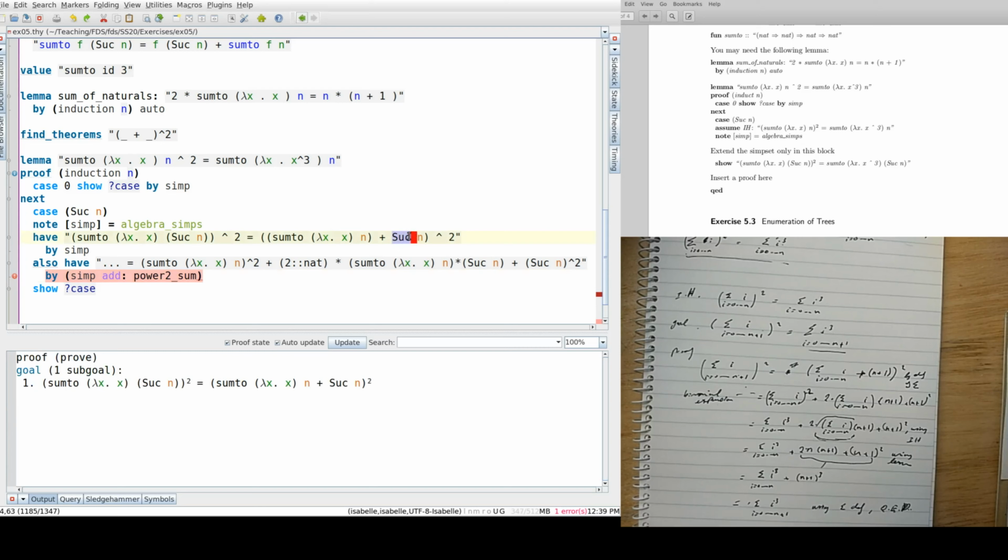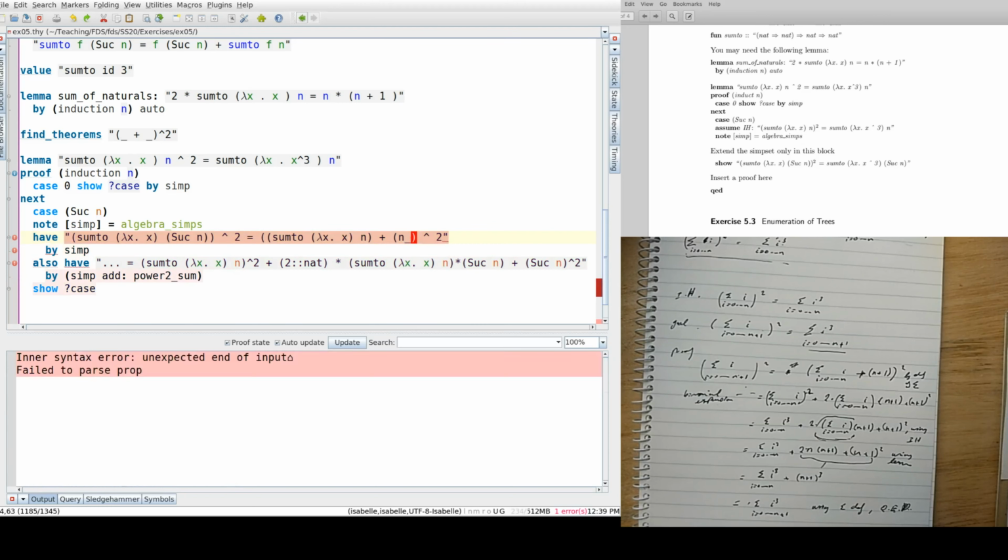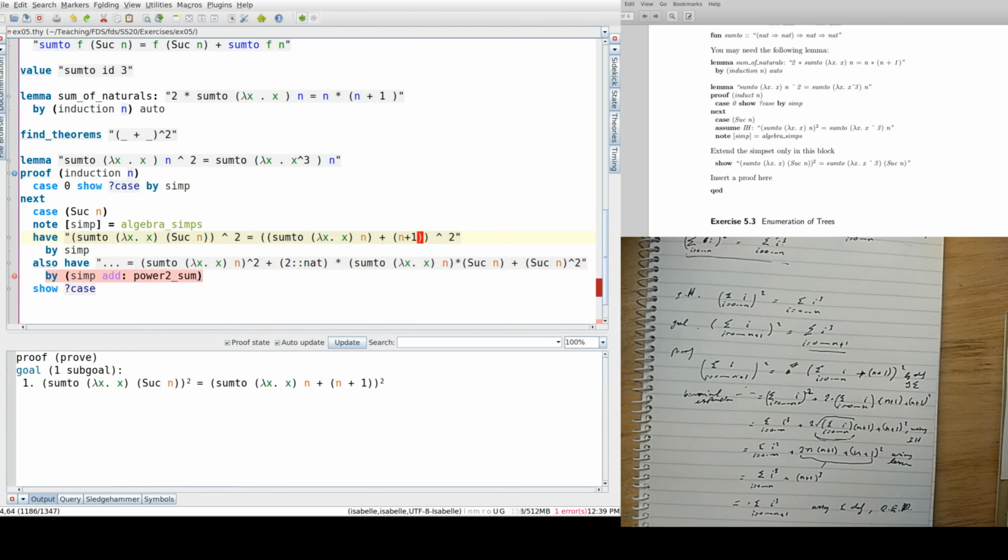So usually this happens when you have a Suc n, and then, as I said earlier, all recursive functions on the natural numbers are defined by matching on the pattern Suc n.